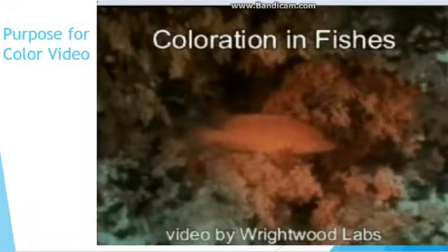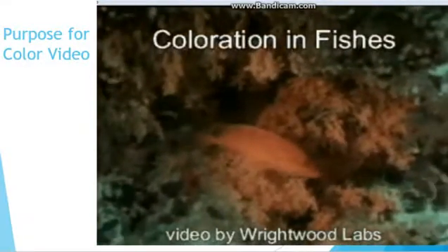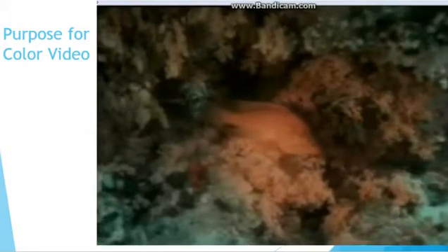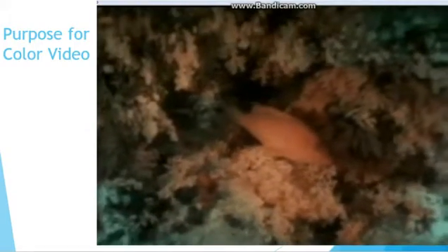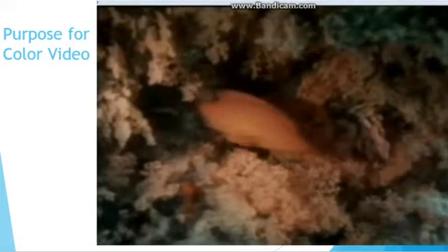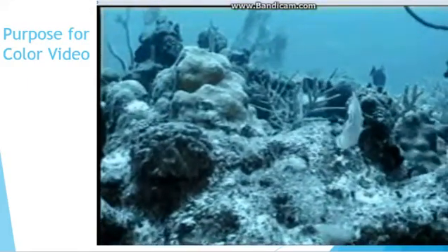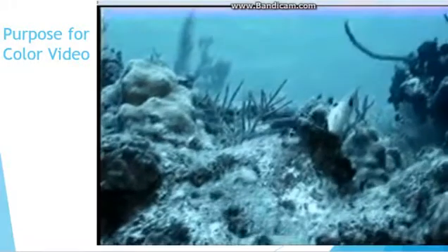Coloration in fishes is often produced by specialized cells called chromatophores. This coloration usually has a purpose. For example, this fish is colored very similar to its surroundings. This provides camouflage that hides it from predators. Other fishes use their coloration for disguise. This butterfly fish, for example, has a big spot on its posterior.